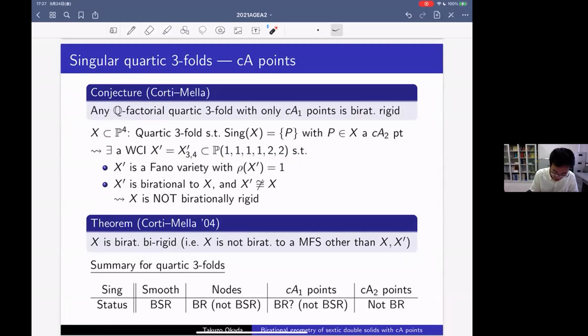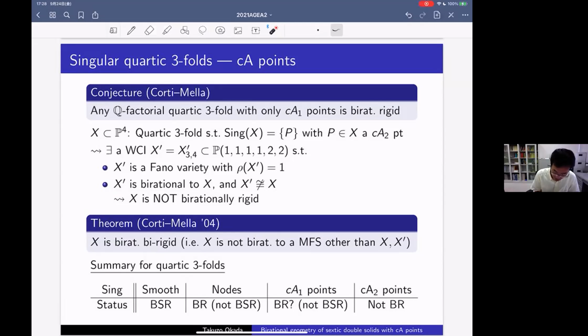It is a weighted complete intersection of type 3-4 inside this space. Okay, anyway, this X prime is a Fano threefold with Picard number 1. And this X prime is birational to this quadratic threefold, and it is not isomorphic to X.